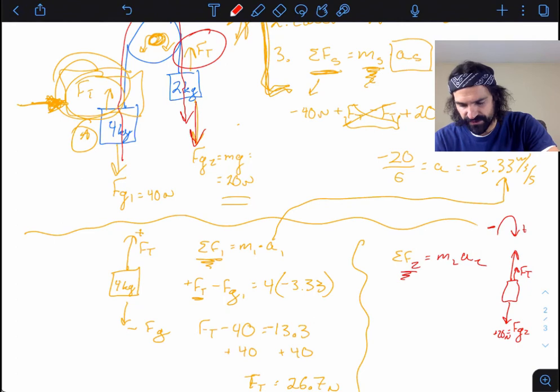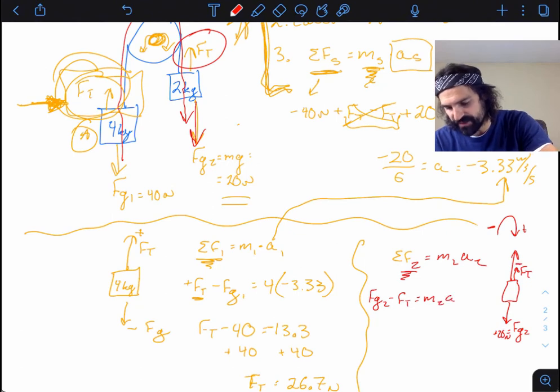Well, net force 2 is going to be Fg2 minus the tension equals M2A. And a negative because that tension is pulling it counterclockwise. So 20 minus tension equals mass 2, which is 2, times A, which is negative 3.33.